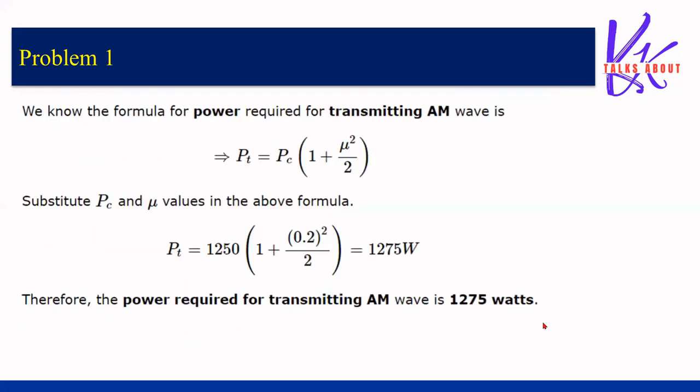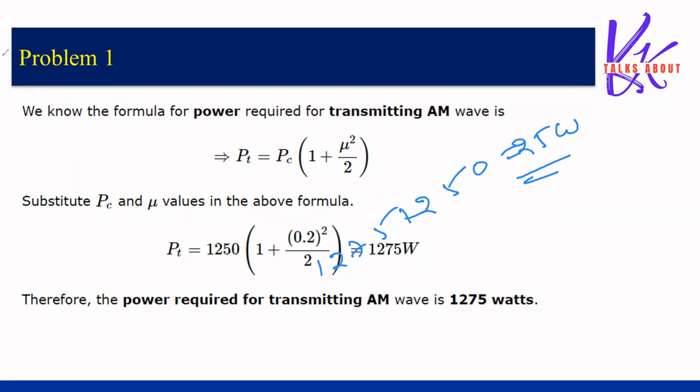Here we have 1275 minus 1250, which is equal to only 25 watts. So 25 watts is the power which is utilized by your two sidebands. That means almost, as we said, 98% of the power, that is 1250 watts, is getting wasted by transmitting the carrier which has no information.